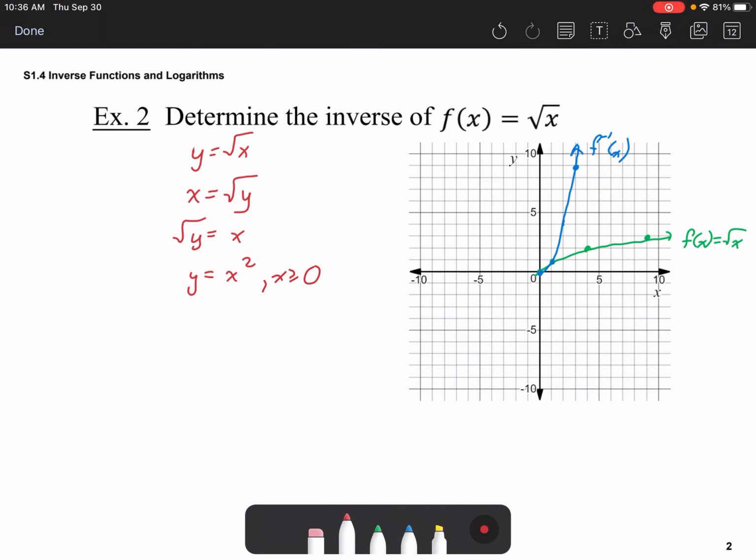But there comes in the fact that this original function f of x has a domain, specifically, defined for x values greater than 0, and a range with y values greater than 0. It's particularly this range right here that gives us the domain of our inverse.